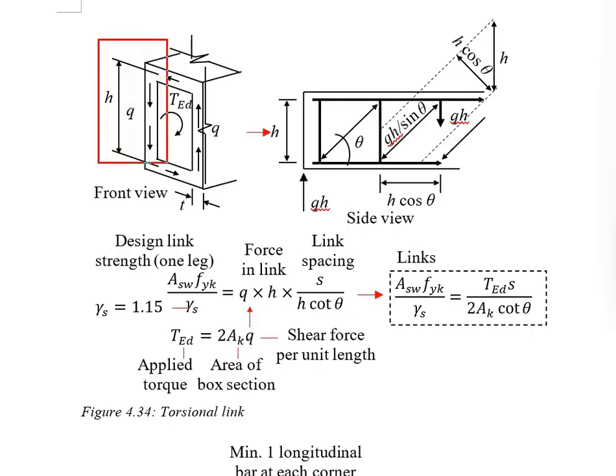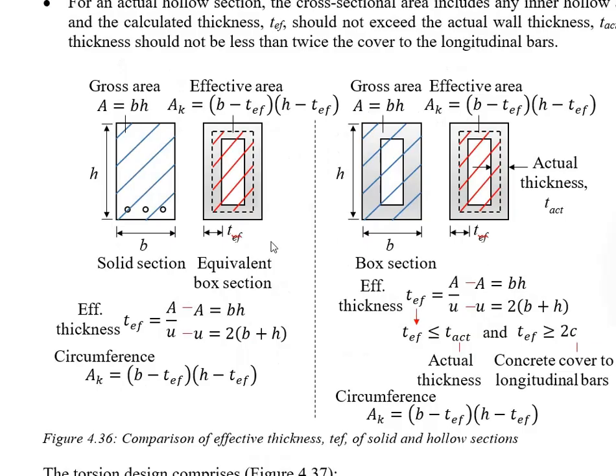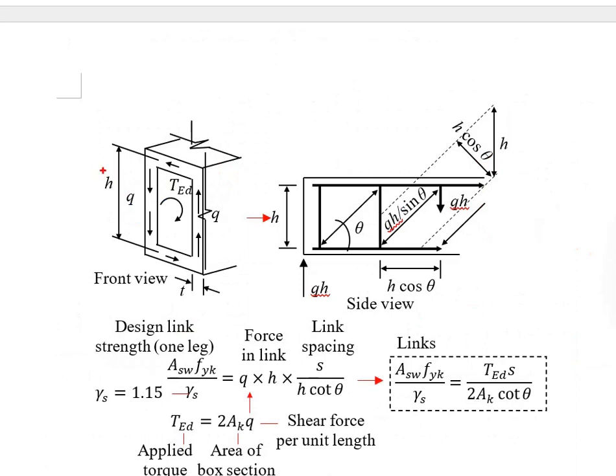Now, if you see the dimension h here, it is not the gross height because we are referring to an equivalent box section model. The h that we are referring to is actually the h minus the effective thickness, which is this. The diagram here already shows us it is referring to the center line of the effective thickness. By having the shear flow multiplied by the height, you get the shear force here.